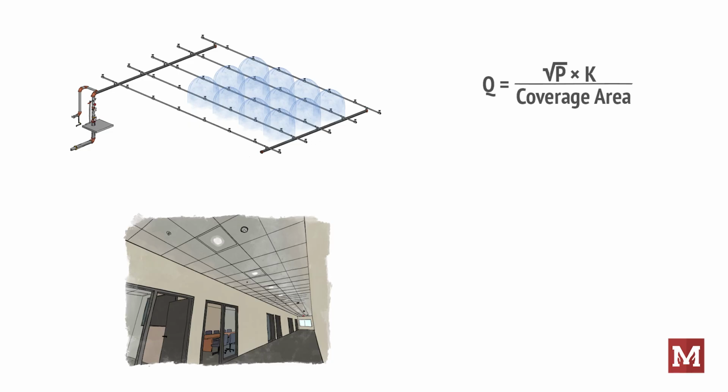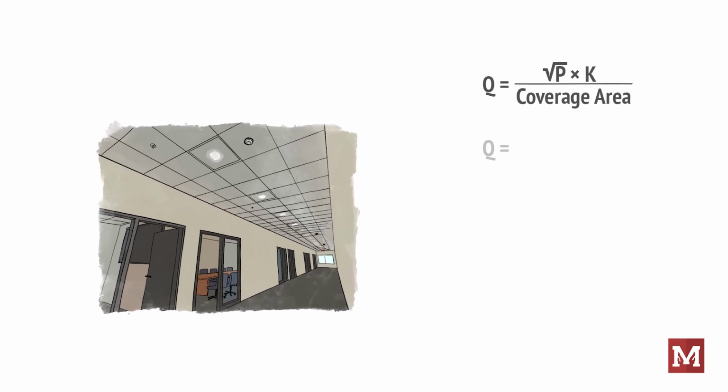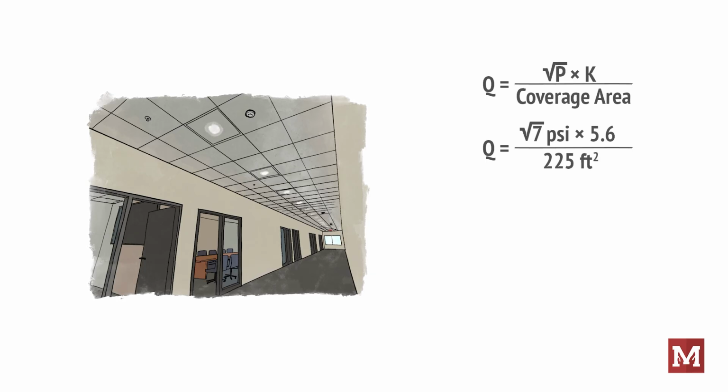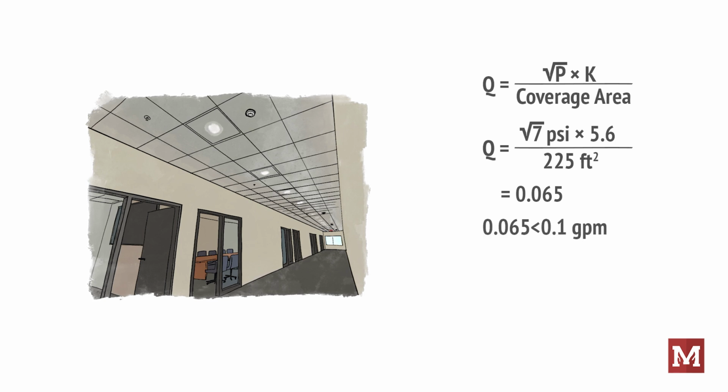For easy math, we're going to say that our most demanding sprinkler is right at the NFPA minimum allowable pressure of 7 psi. The density equation looks like this. Square root of 7 psi times 5.6 divided by 225 square feet equals 0.065. Well, that's not good. We need 0.10 and we only have 65% of our required density. Back to the drawing board.